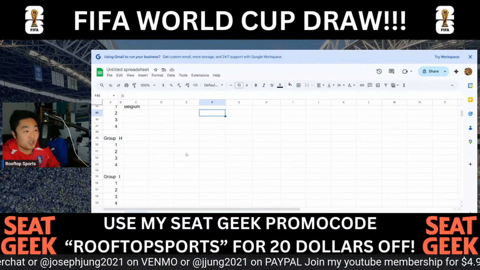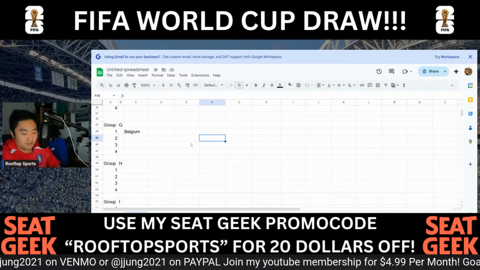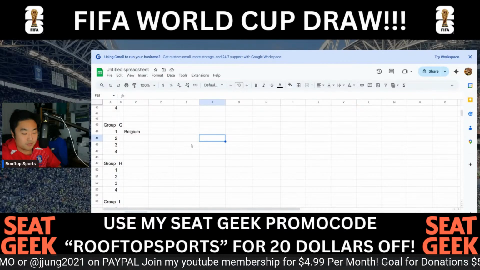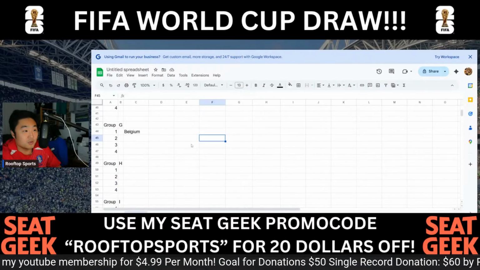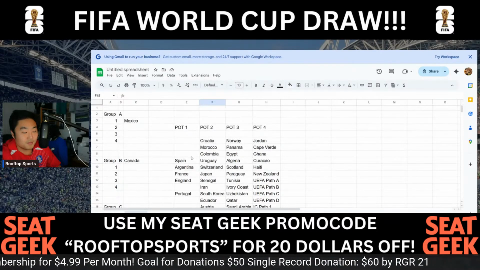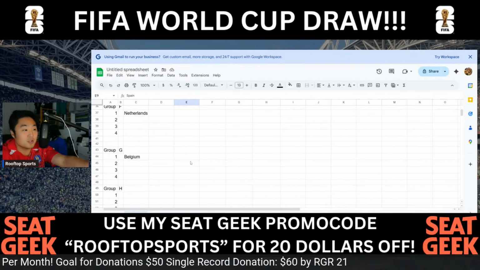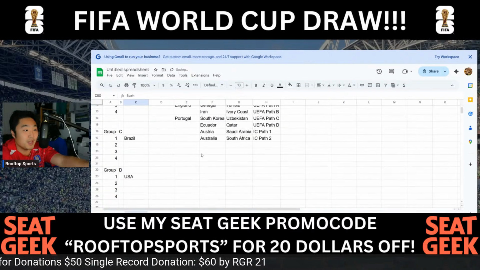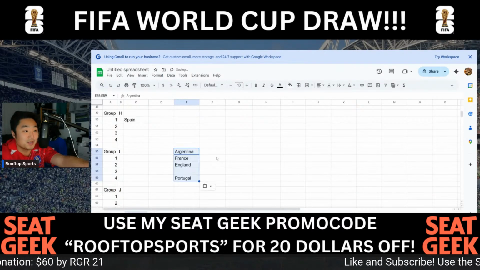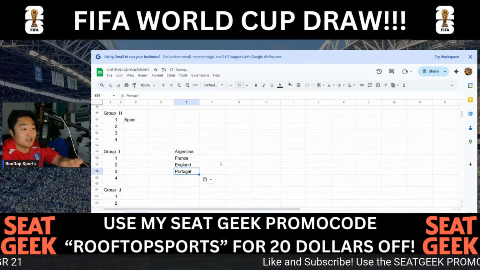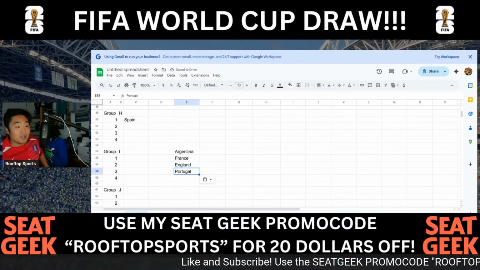Belgium is in Group G. Now, who's in Group H? Now it's going to be Spain going to Group H, who last won the World Cup in 2010. And now we've got these remaining teams: Argentina, France, England, and Portugal.